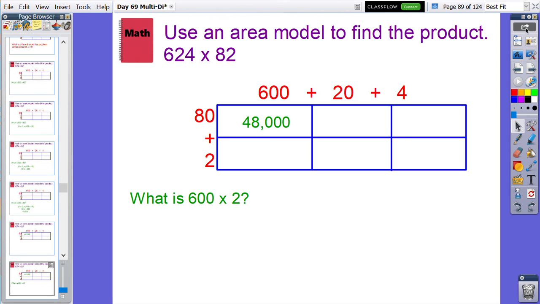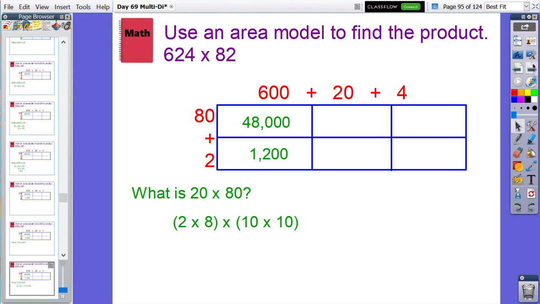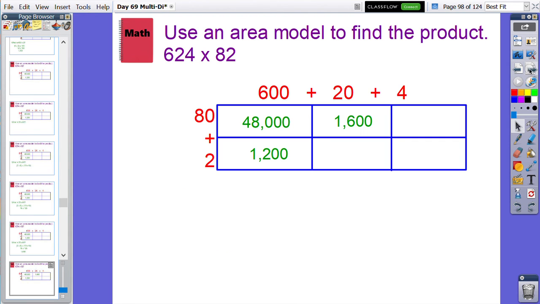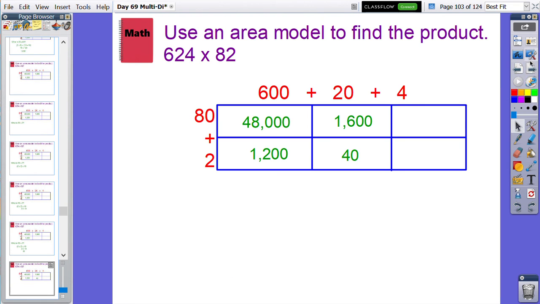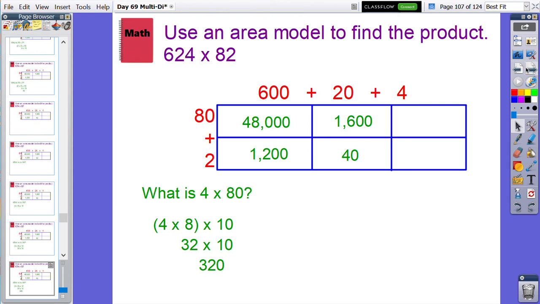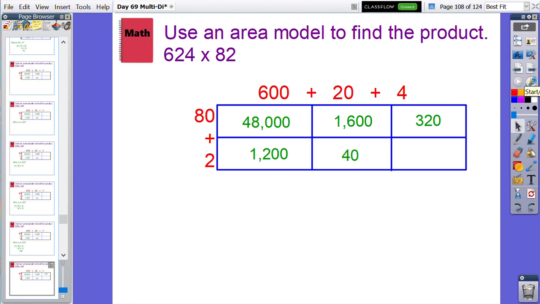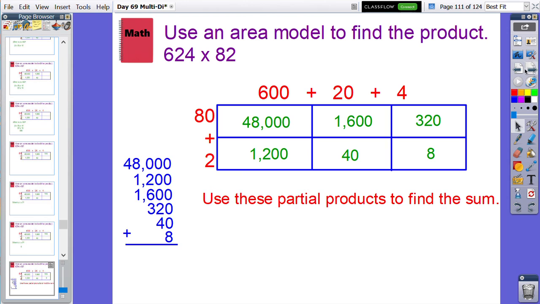Okay, 600 times 2, we could do 6 times 2 times 100, 12 times 100, 1,200. 20 times 8, 2 times 8 times 10, equals 16 times 100, 1,600. 20 times 2, 2 times 2 times 10, 4 times 10 is 40. 80 times 4. We have 4 times 8 times 10, 32 times 10, 320. And 2 times 4 is 8.